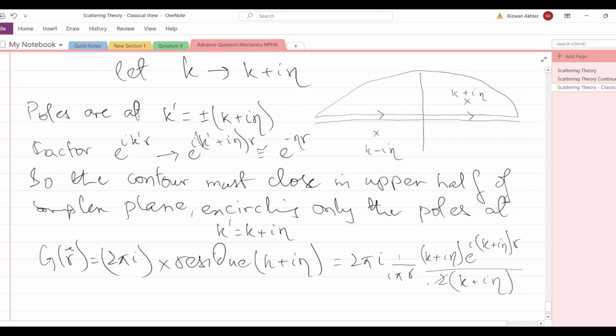So we cancel out these quantities here. So what is remaining here would be, in fact, e to the power iota kr and e to the power minus eta into r. So that is the remaining factor.